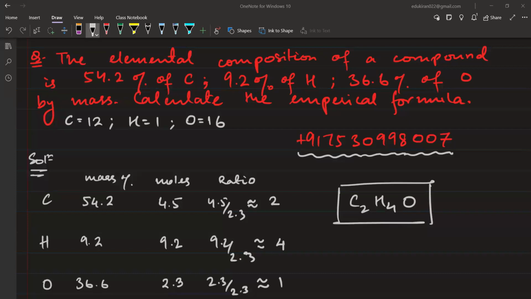Correct? Okay, and then it is the same thing as I have done here. Got it? 4.5 divided by 2.3 is approximately equal to 2. 9.2 gives 4 and then 1. So this is the empirical formula. Okay. All of you got this? Yes or no? Please tell me. Yes, sir. Okay.